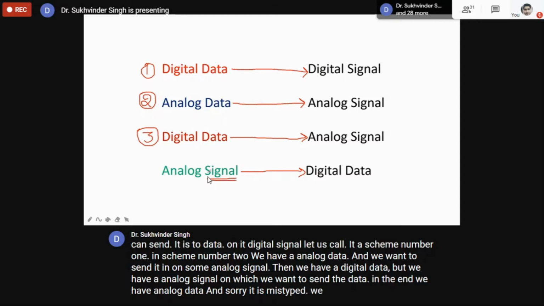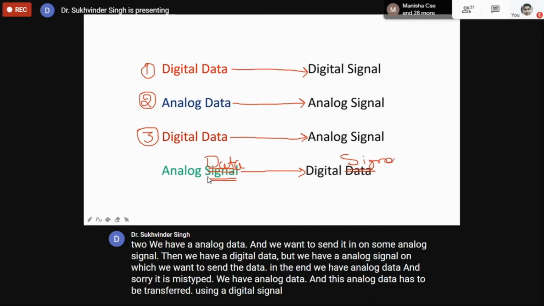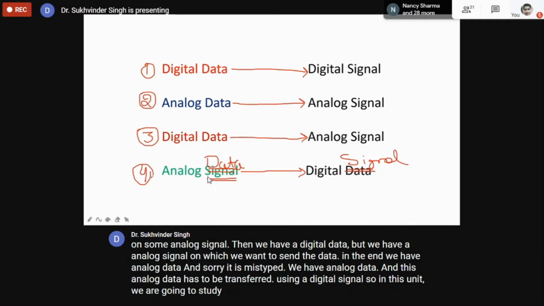We have analog data and this analog data has to be transferred using a digital signal. So in this unit, we are going to study all these 4 techniques one by one.